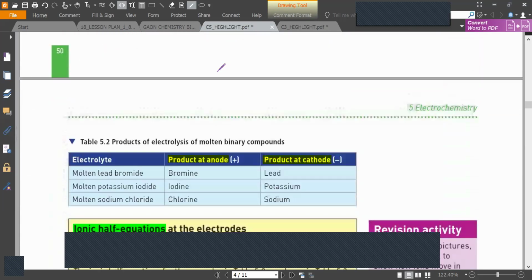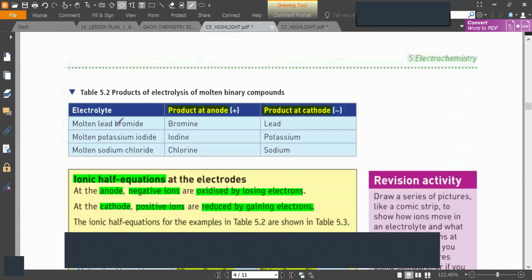We have some examples. Let's say we have lead bromide, Pb2+ and bromide. It will turn to bromine and lead metal. Then potassium iodide will turn to iodine and potassium metal.